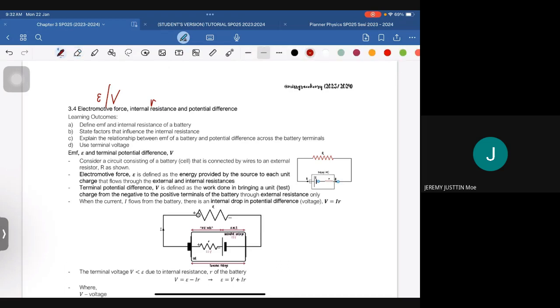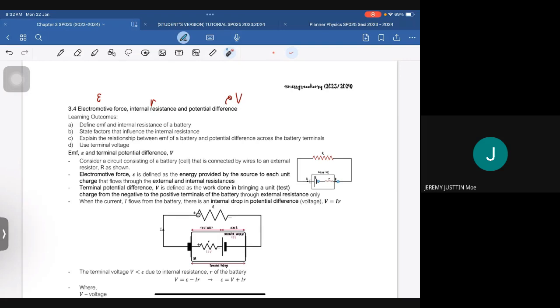Potential difference is basically V lah. Okay, so V is potential difference. Yang ini electromotive force is just E lah. Cuma dalam chapter 2, battery tu dia boleh guna EMF, tapi electromotive force dengan potential difference is two different things lah. Kamu tidak boleh samakan dia.